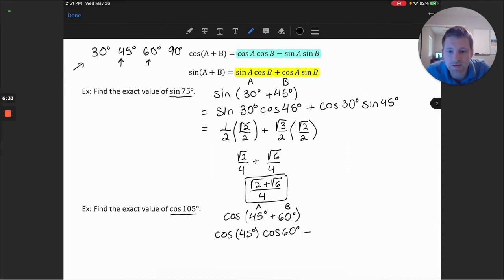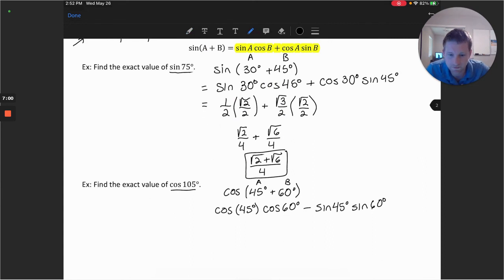This is the opposite sign here when we do the sum formula for cosine. And then we'll do sine of both angles. So we have the cosine of both angles minus the sine of both angles for this sum of cosines.